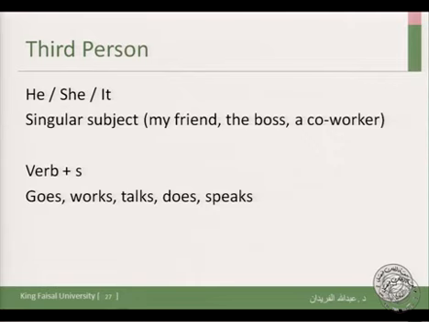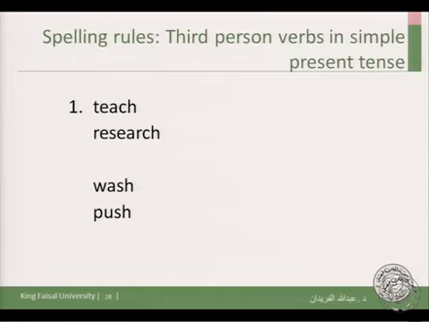Two persons and more, we don't add the S. Very simple. Just focus on this idea. Is it one person or more? With one person, we add the S. Two persons and more, we don't add the S. Where do we add the S? We add it to the verb in the sentence, like goes, walks, talks, does, speaks, and etc.